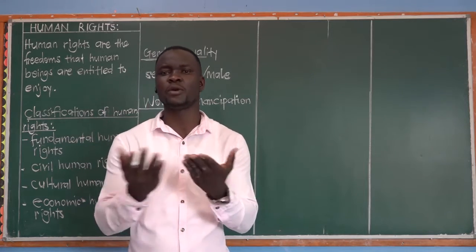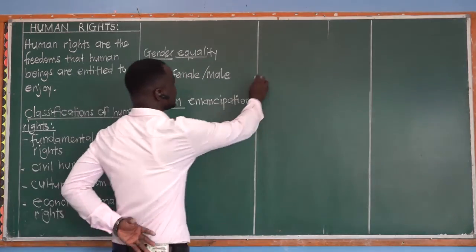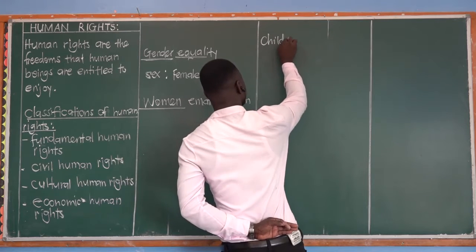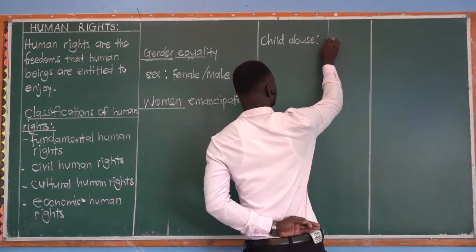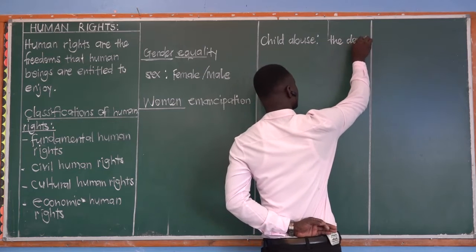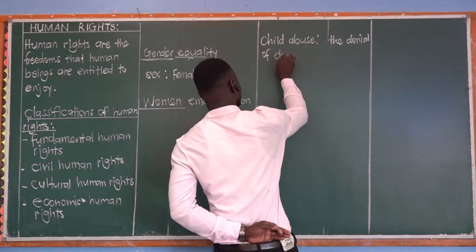Then we have examples of child abuse. Remember, the forms of child abuse are different from the examples. Child abuse simply refers to the denial of children's rights.